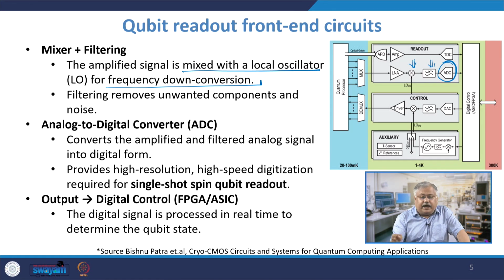The ADC output will be a digitized output, and then it is sent to an FPGA board or an ASIC board, which is this one here. Then the digital signal is processed in real time to determine the qubit state.